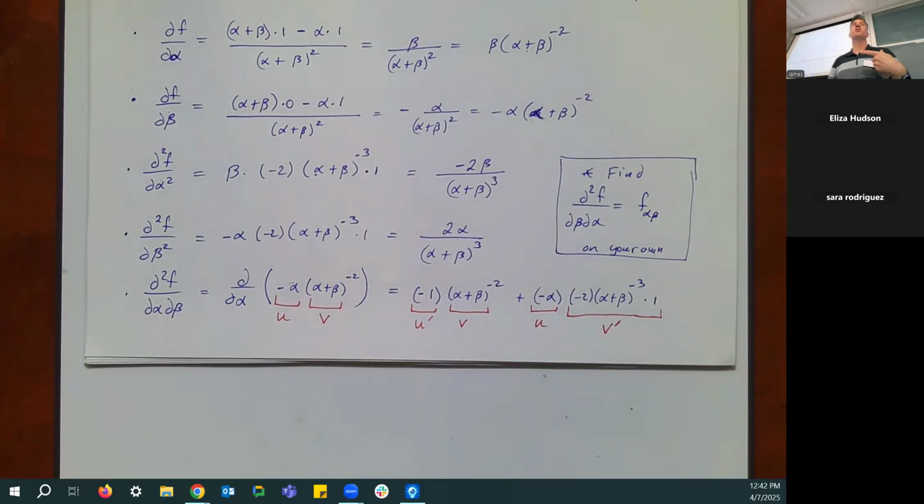You can also have functions of more than 2 variables. Most of the time in this class, we're going to look at functions of 2 variables, but the idea of partial derivatives is extendable to functions of any number of variables, really.